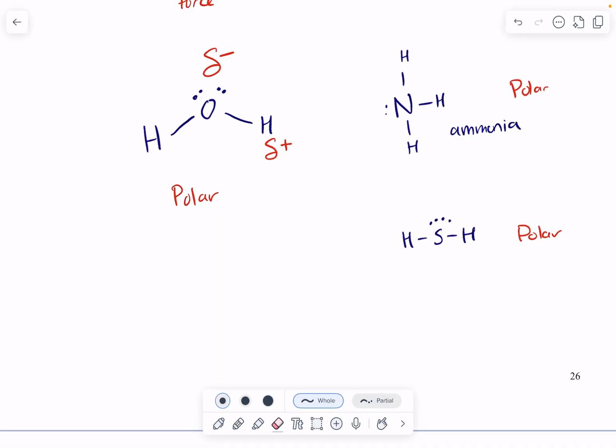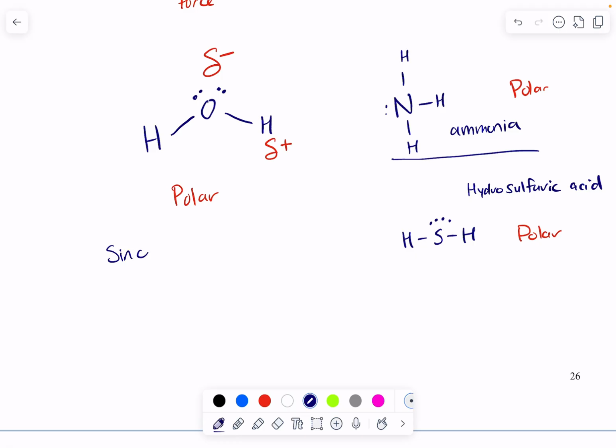But solubility is not just a yes or no kind of idea. It's more of a continuum. Which of these, ammonia or H2S, which is called hydrosulfuric acid, should dissolve in water the best? And there is a clear answer. Think about what it might be, ammonia or hydrosulfuric acid. Which one should dissolve in water better than the other? And the answer that I hope you come up with is ammonia.